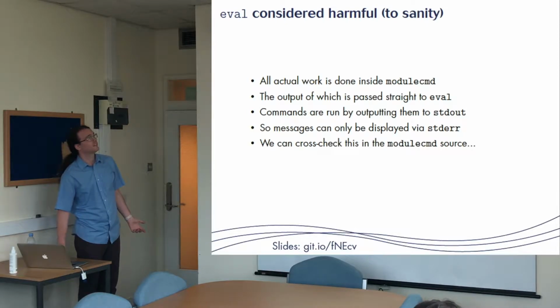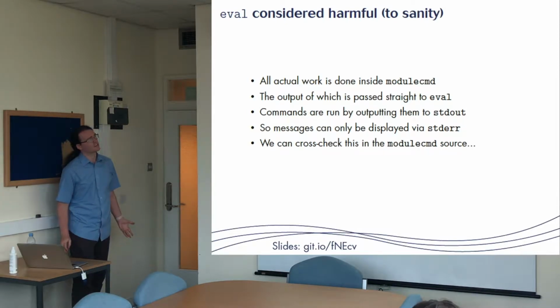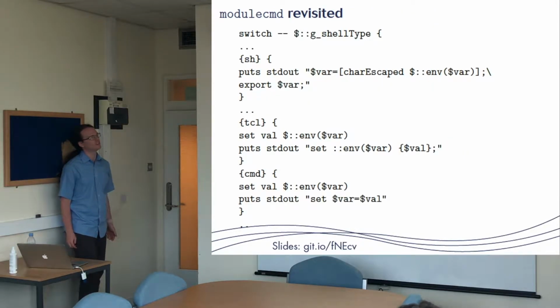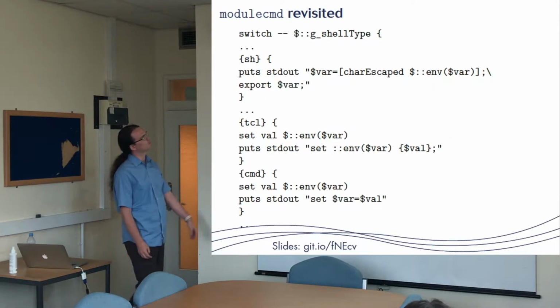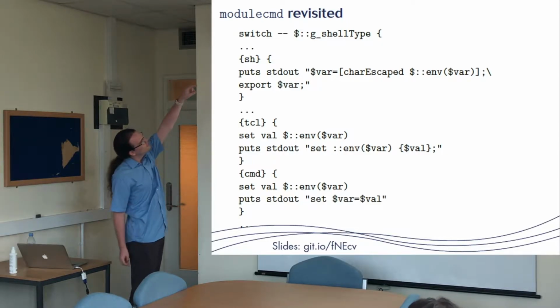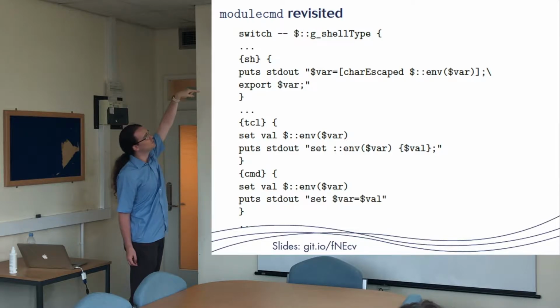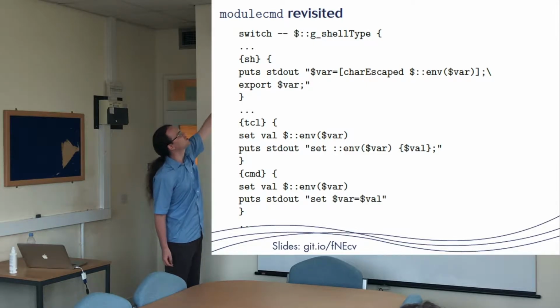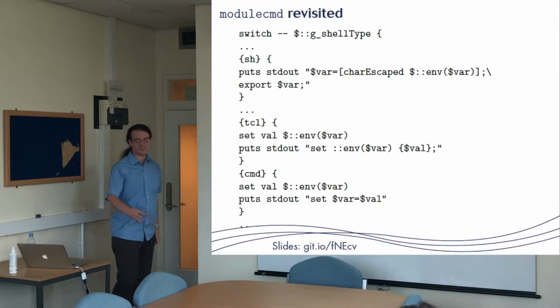We can cross-check this if we look in the source for module CMD, those 7,000 lines of TCL, which I've just picked a snippet out of. There's a switch statement looking at what kind of shell you're running to export, depending on what your shell is. You can see if our shell is SH, then we put this export to standard out. If you want to export something, we tell standard out export.